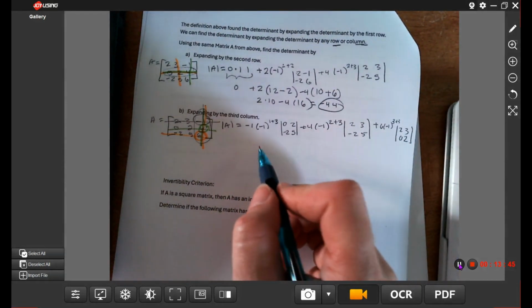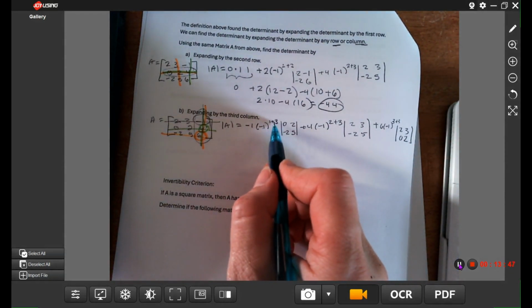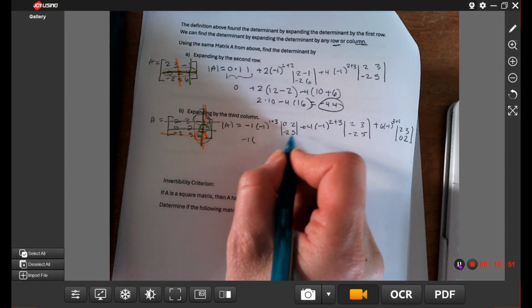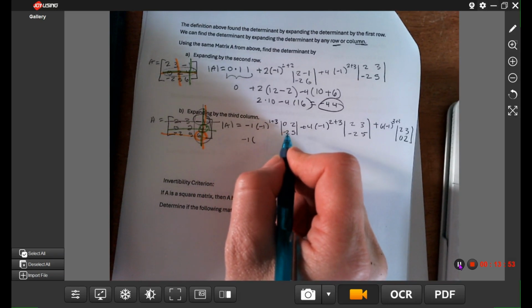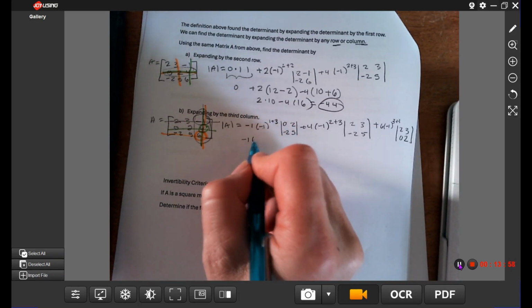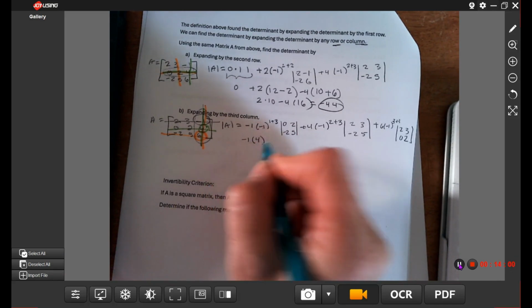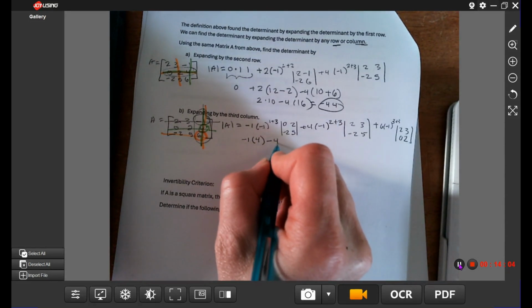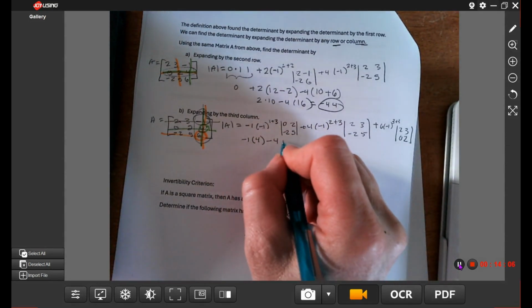And now I'll just simplify. So negative 1 to an even exponent is positive 1, so I get negative 1 multiplied by 0 minus negative 4, so minus negative 4, so that's 4. And then negative 1 raised to an odd exponent is negative, so that's going to be negative 4.